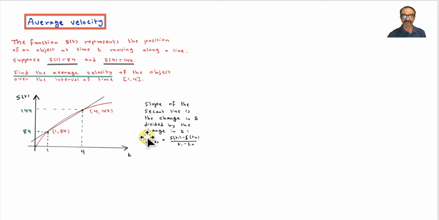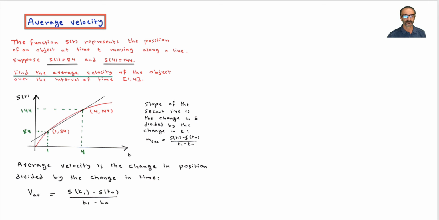So the slope, which is m, of the secant, this graph right here, is s of t1, as this is t1, minus s of t0, as if this is t sub 0, over t1 minus t sub 0. Alright.